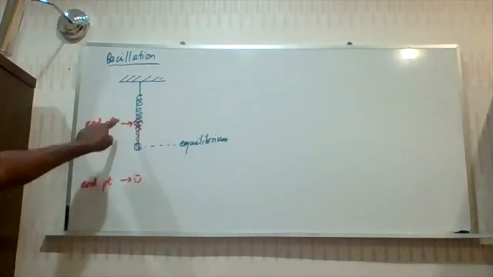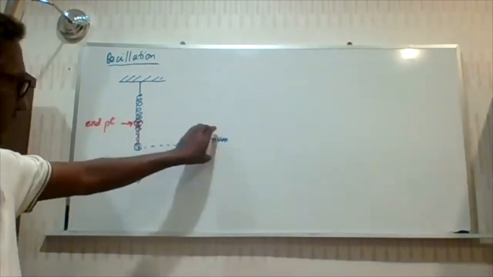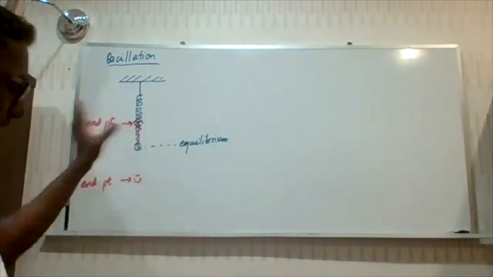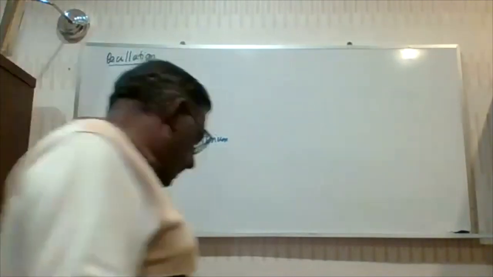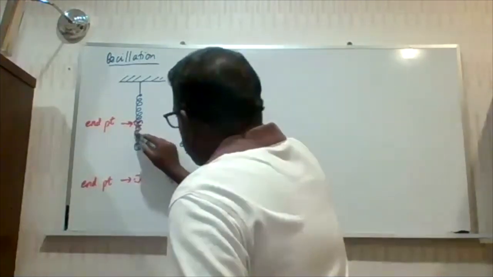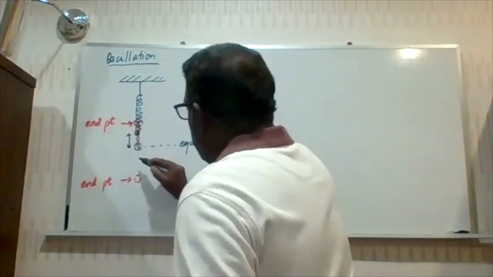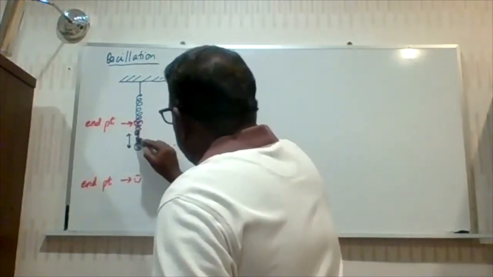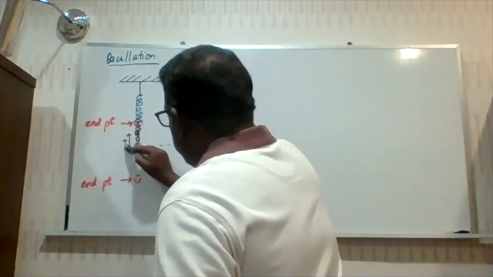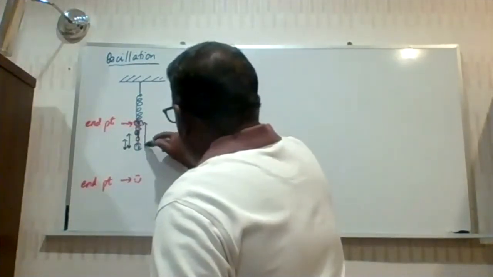They are the two endpoints and the equilibrium point. Now, these are the 3 points which are very important in any oscillation. All right? Now, when the particle is here, that's the displacement. When the particle is here, that's the displacement. When the particle is here, that's the displacement.